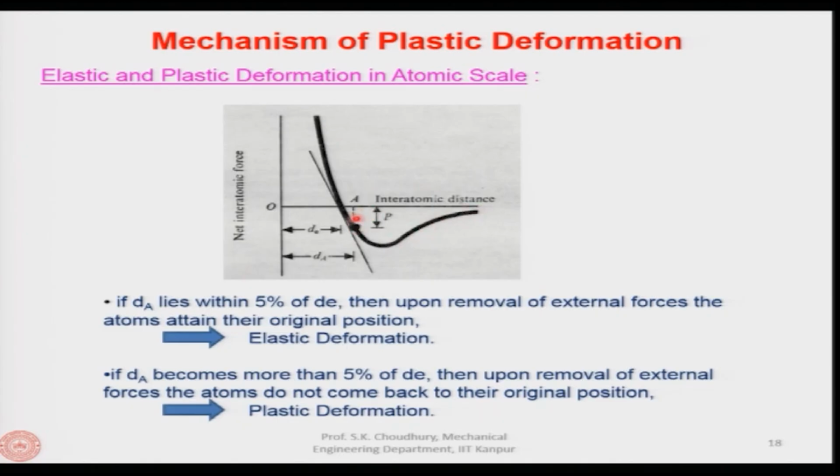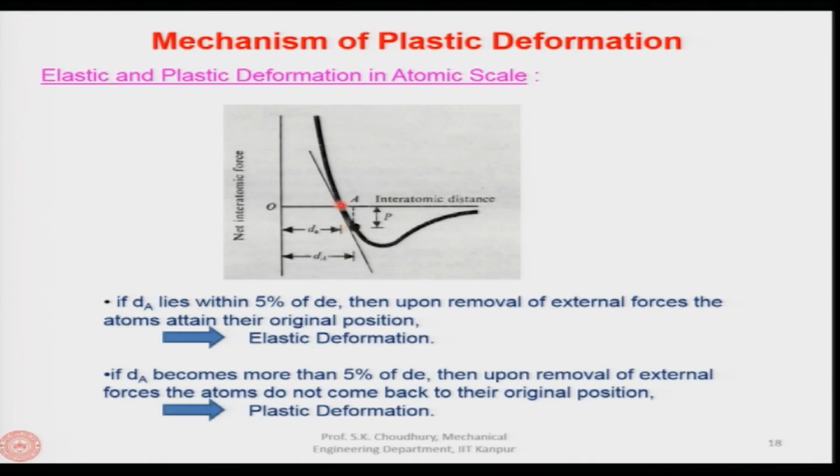And suppose there is a point here which is in the equilibrium position. Okay. This distance is d0. This is the equilibrium position where the atoms are in stable equilibrium in the lattice structure.